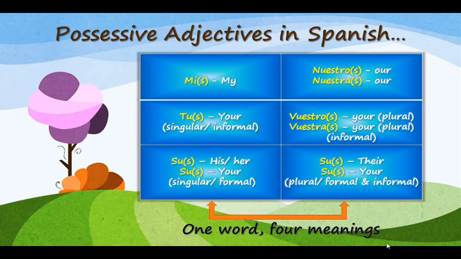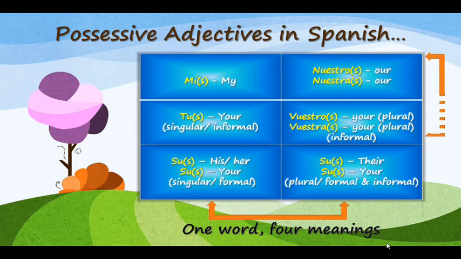And then for your plural, this would be the equivalent of vosotros. This is the plural you all that you use in Spain. So vuestro, vuestra, vuestros, vuestras.